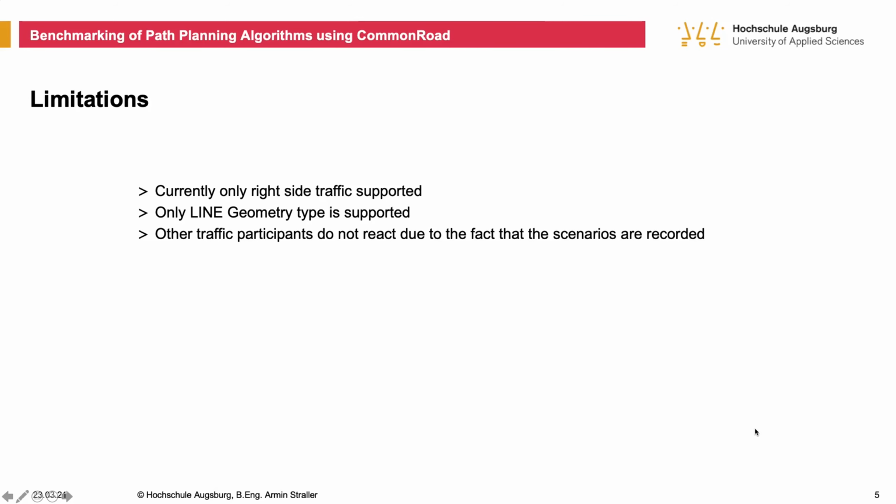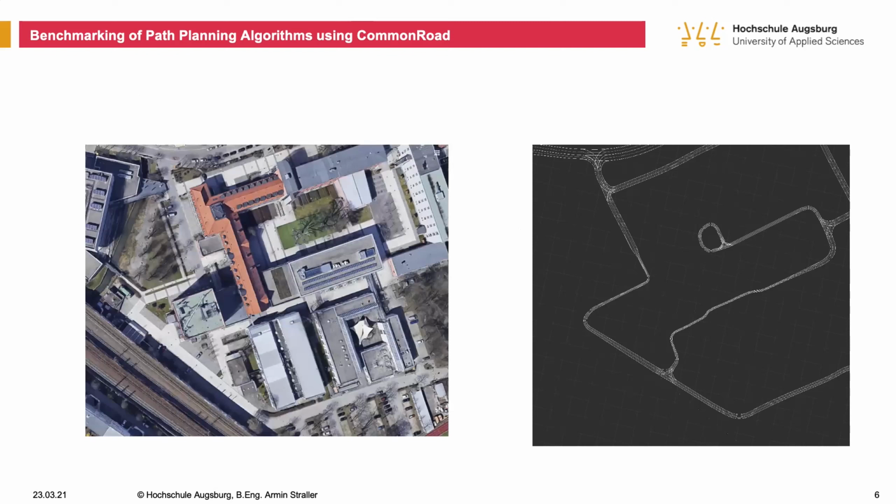I'll just briefly show you a map of our campus, which I'm currently working on together with Matthias. This OpenDrive map is generated in MathWorks Roadrunner, and I'm already able to drive on it with OpenPlanner. All of these individual features are just lines with a high enough resolution to be able to display curvatures as well.